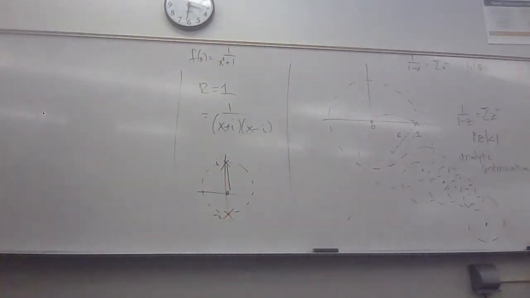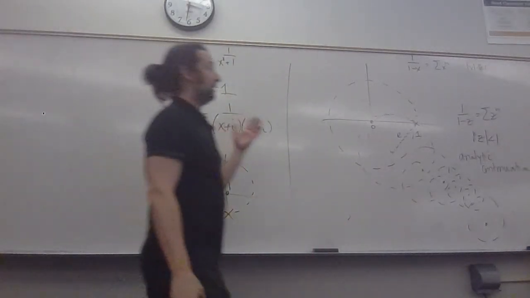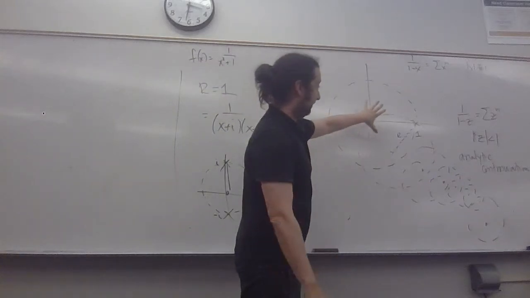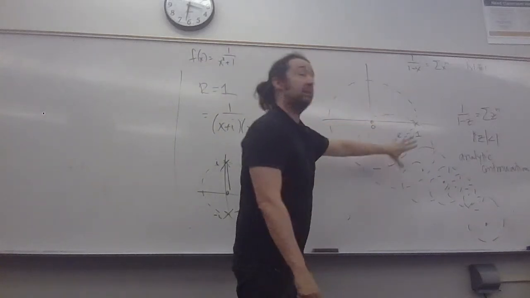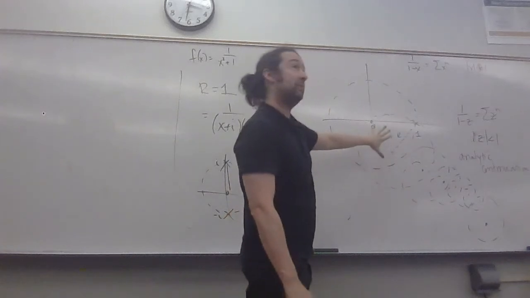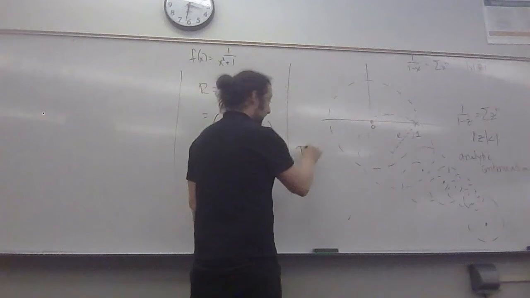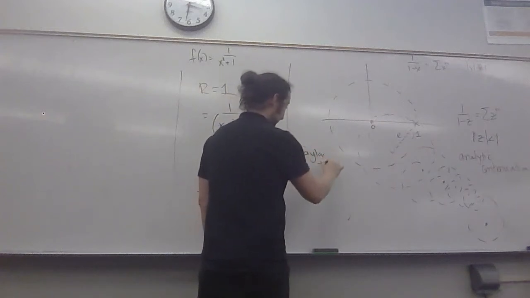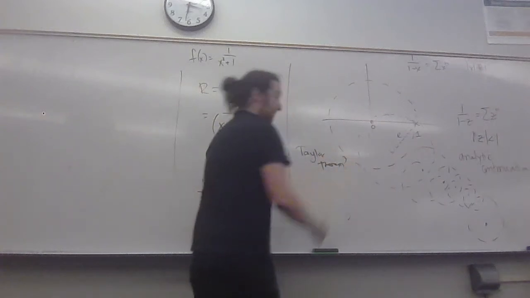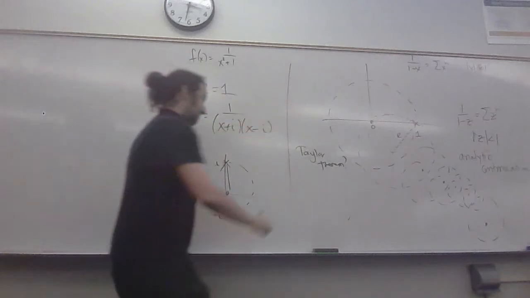So analytic continuation is going to be based on the idea of existence of power series and overlap. You can read ahead if you want about the identity theorem. There's a lot of things we haven't shown yet. We have not shown, is there a Taylor theorem? Maybe.